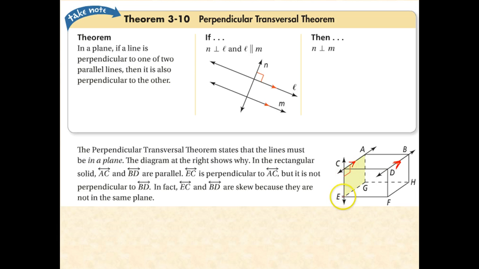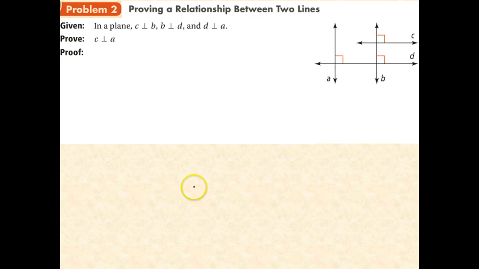But EC is not perpendicular to BD because they're not in the same plane. They're actually skew. To be perpendicular, you have to be in the same plane. So BD and CE are skew. Skew lines. Skew. And your secret code phrase is whoppers.